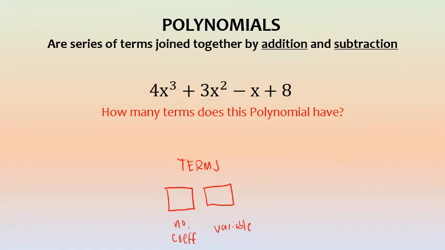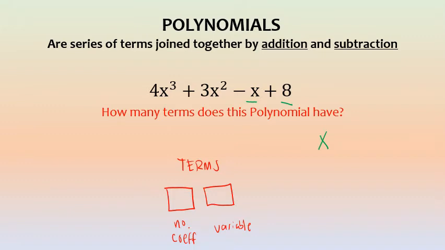In counting the number of terms that a polynomial has class, yes, we count the number of terms that has a coefficient and a variable. But let's talk about this one. What about x and positive 8? So let's talk about x first.